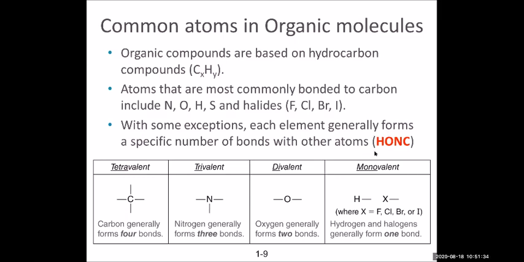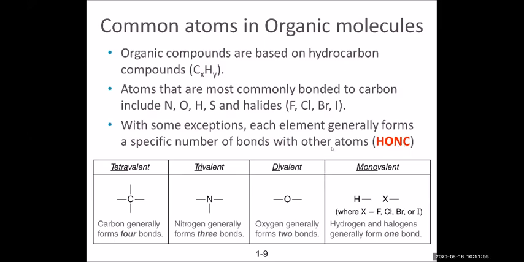The number of bonds for these 4 nonmetals are 1, 2, 3, and 4. So oxygen in most cases forms 2 bonds, nitrogen in most cases 3 bonds, and carbon 4 bonds. So HONC represents 1, 2, 3, 4 for these 4 nonmetals.